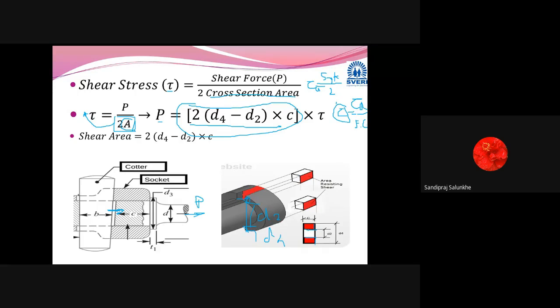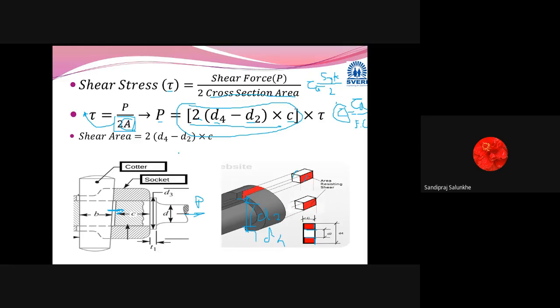So we are not going to consider C double time. This vertical length plus this vertical length, that is D4 minus D2, multiplied by this horizontal one, that is C, the horizontal dimension of this collar. This will be the area, and we are going to double it as this first side and this side. That's why we are going to double it.